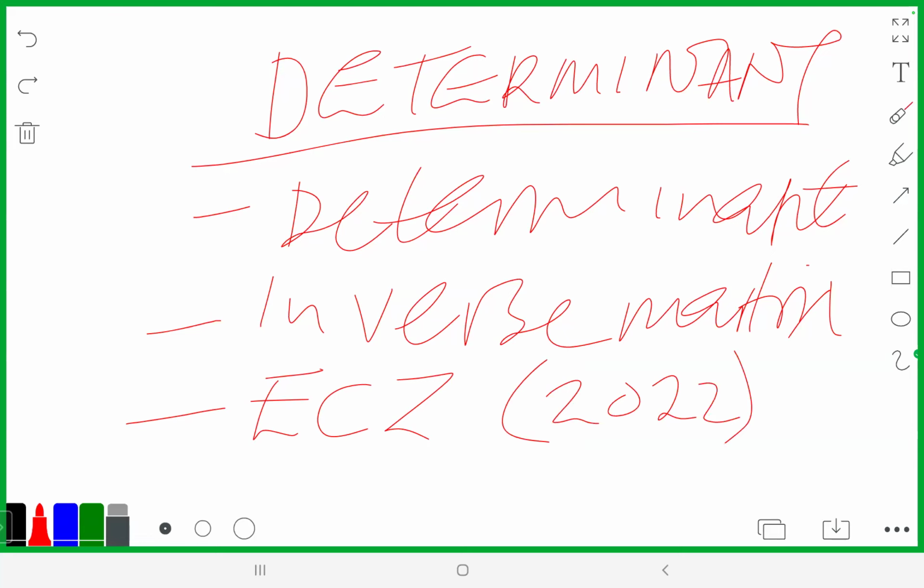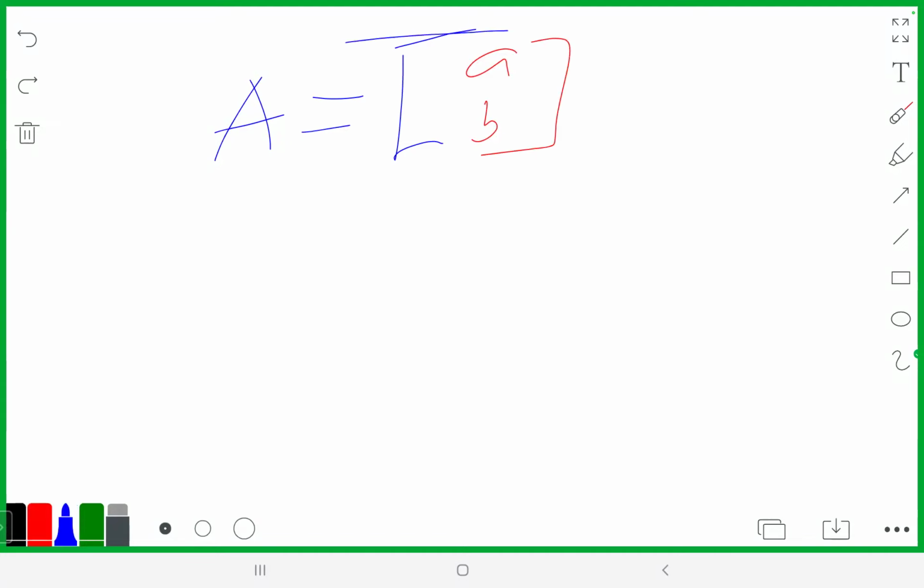Now, to start with, a matrix is always defined by a number of entries, and these entries are usually arranged in rows and columns. The lines that go this side, you call them the rows, and the lines coming down are called the columns.